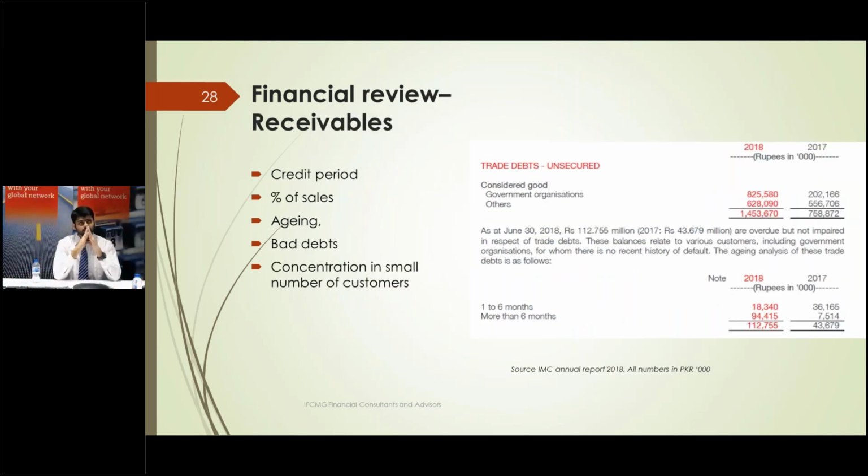Okay, now moving on, we have receivables. As you can see, the company has very minimal receivables.